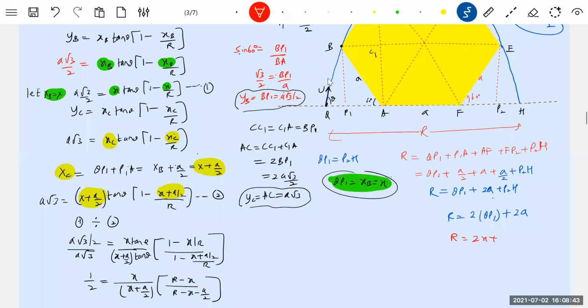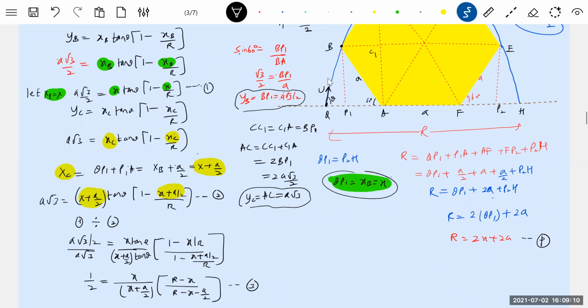This will be 2x plus 2a. What shall I do now? I'll replace x in terms of R or R in terms of x, then I'll get relation between x and a. Then I'll come and substitute for the R, I'll get the required equation. So this equation 3 will keep it. There's a primary equation, P, you write it. Substituting P in 3, solving for x.